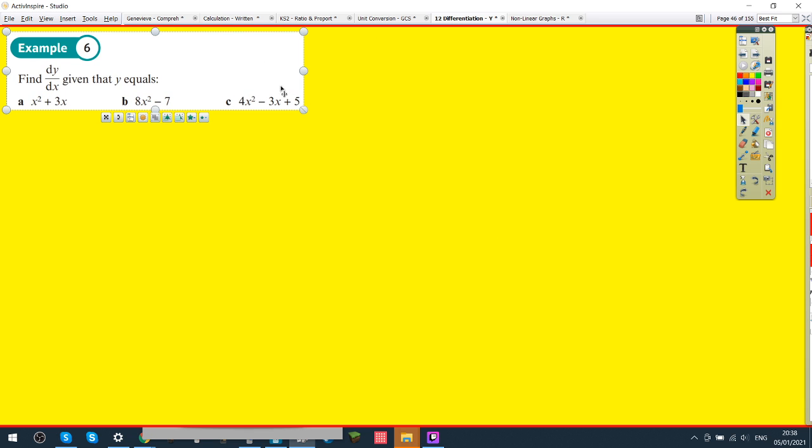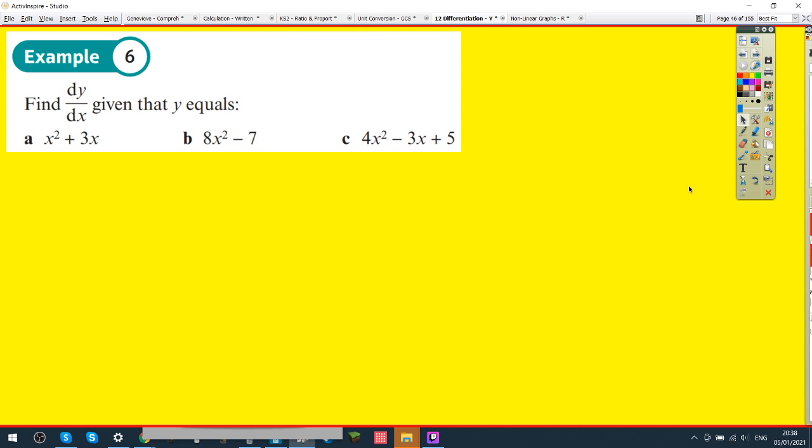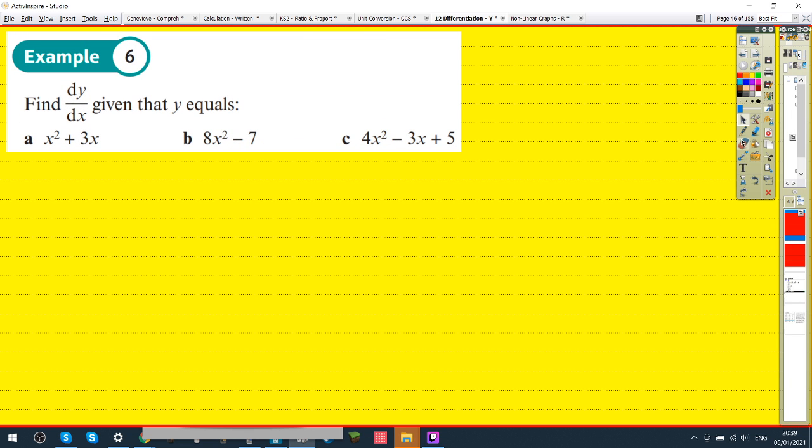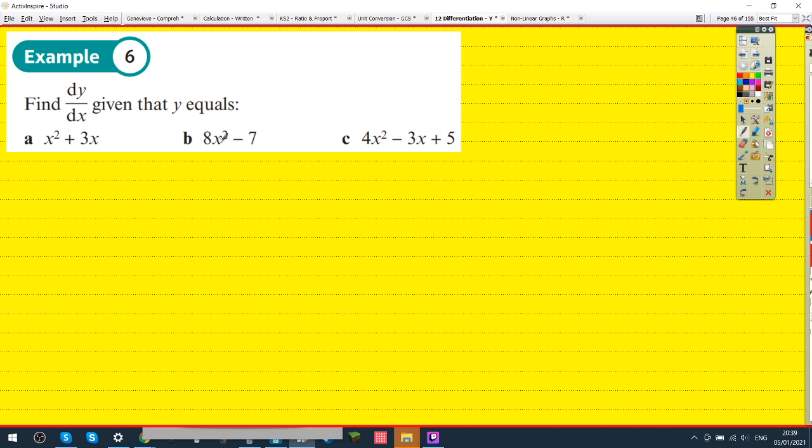Now you've got two terms. You just do each one separately. So do I do 2x and then do 3x and then add them together? What is the derivative of 3x? What do you mean by derivative? Like the power?